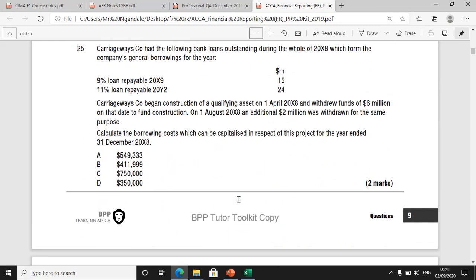So the next question is coming out of borrowing costs. We are told Carry Ways company has the following bank loans outstanding at the year end.